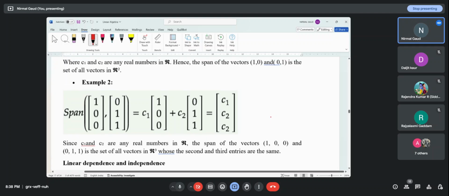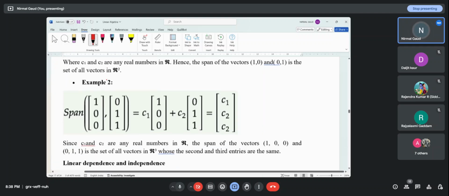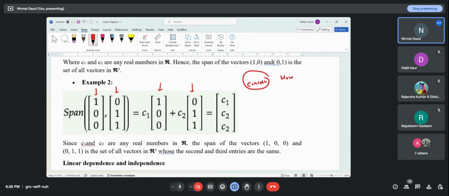It's not only 2D, I can have more values here in the span. This is example number 2 where I'm having these values. Just multiply c1 with these. So the only concern is how you can represent a vector in the form of another vector.